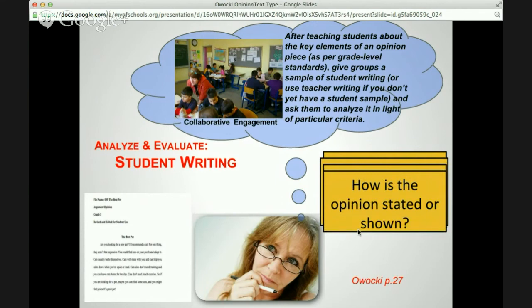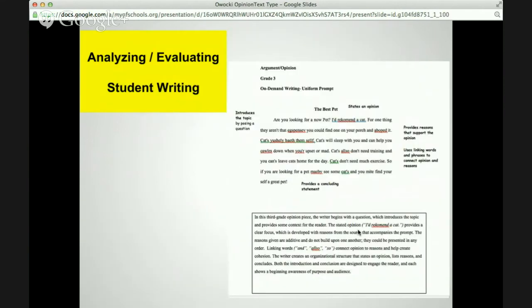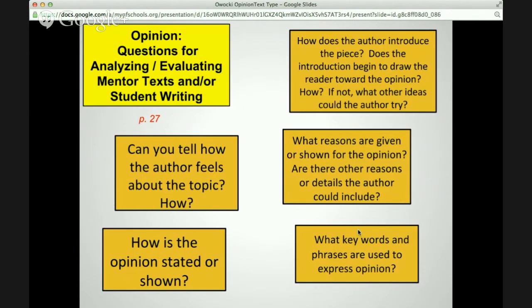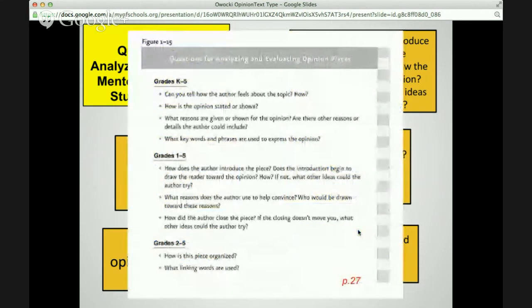It's the same analysis of opinion text type that you use in reading that you would use in evaluating writing. And again, you will find samples of opinion student writing on achievethecore.org. Here are the questions that students will use in their small groups evaluating student writing, and again, they're made from page 27, which is out of Owocki.